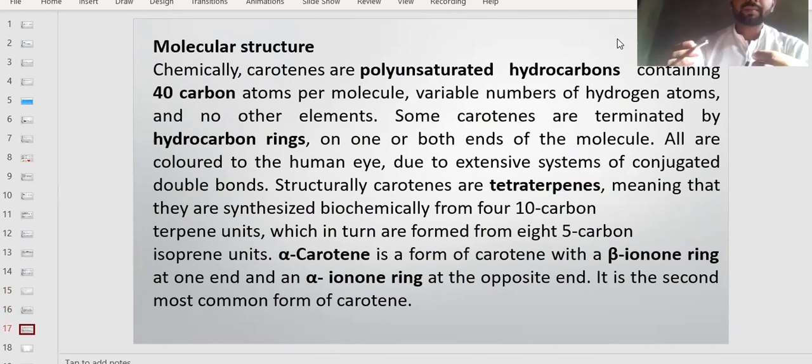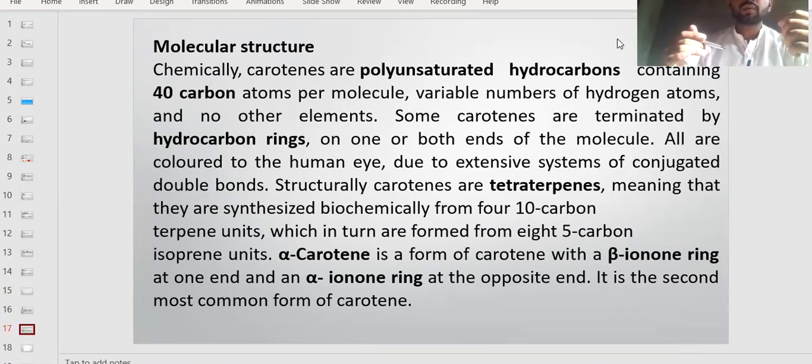Molecular structure. Chemically, carotenoids are polyunsaturated hydrocarbon terpenoids containing 40 carbon atoms per molecule, a variable number of hydrogen atoms, and no other elements. Some carotenoids are terminated by hydrocarbon rings on one side or both sides of the molecule.